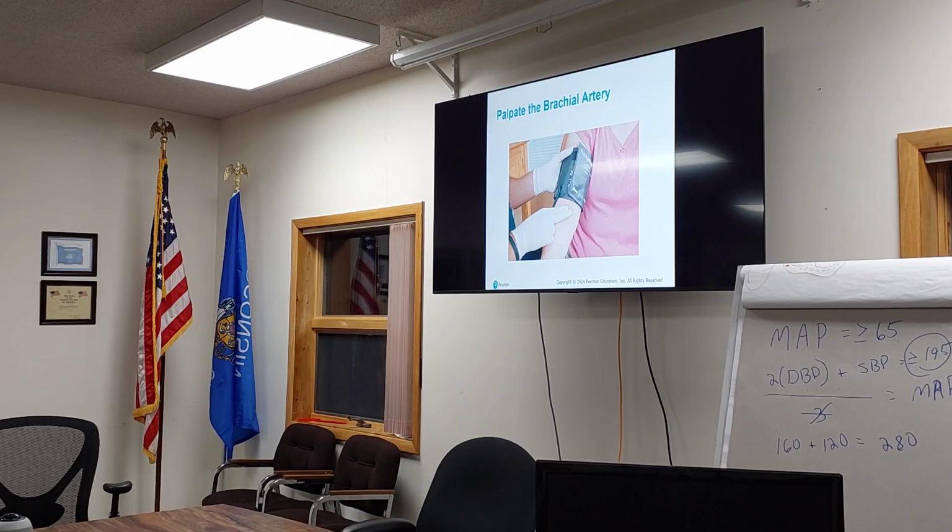Then I start slowly letting it out, and I'm watching that gauge. It's not going fast. You start seeing that needle bounce. Where that needle lines up with that number, where you first heard that heart sound, that's your systolic. That's the top number. And we just keep letting it down.